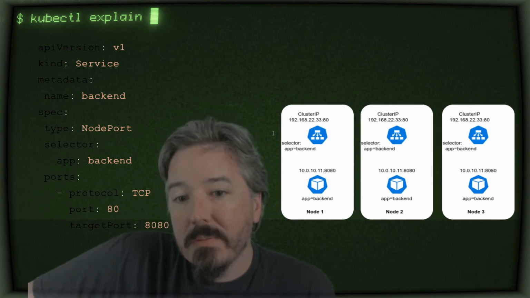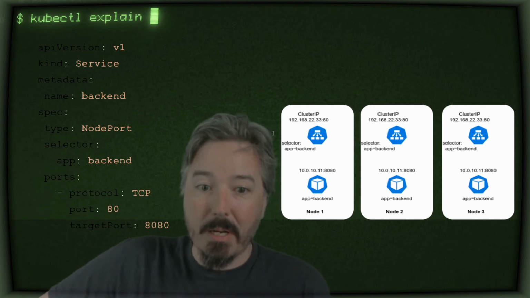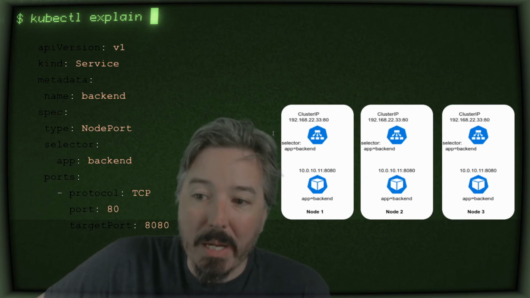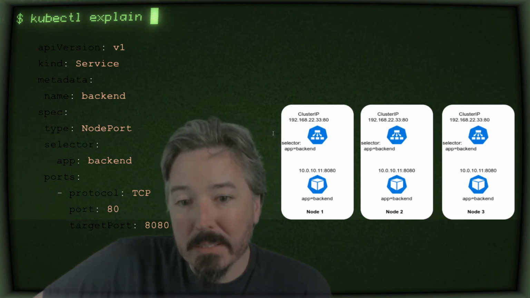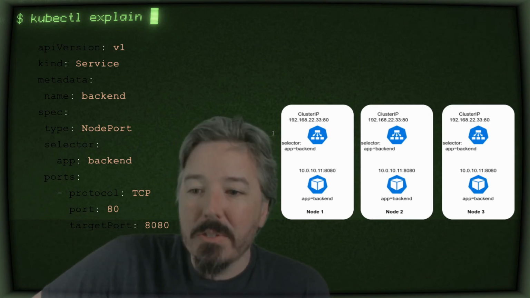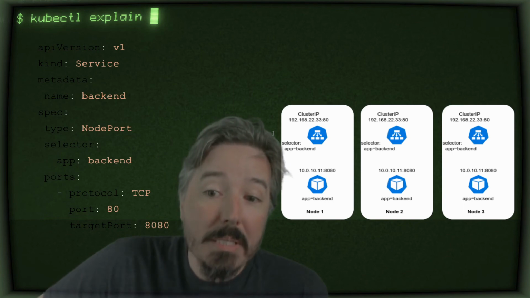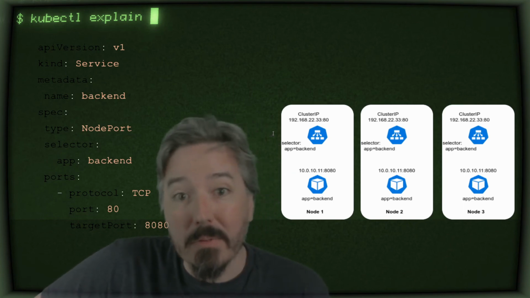So when you create a service of type node port, the service proxy still creates the cluster IP, but it also picks a free port from the ephemeral port range, and it creates a NAT rule on each node's public IP address for that port. This NAT ensures that any traffic that comes to your cluster on that port will be sent to your virtual IP and then load balanced to one of your pods.